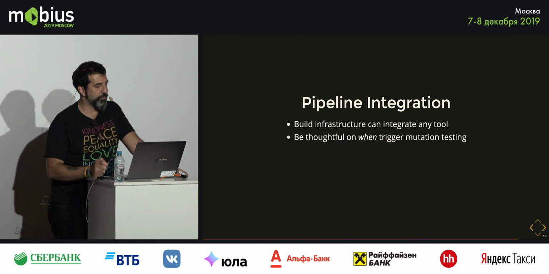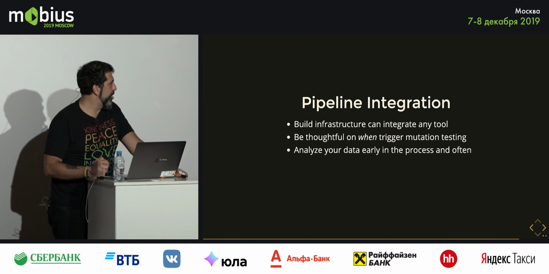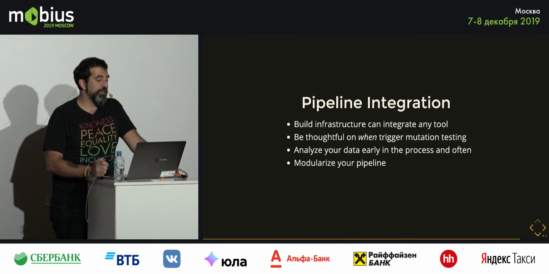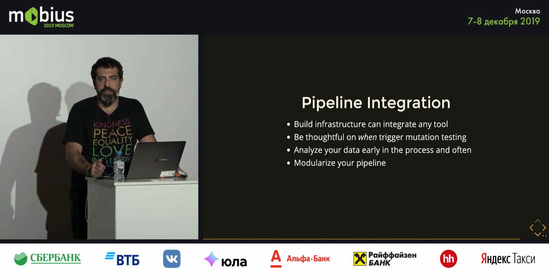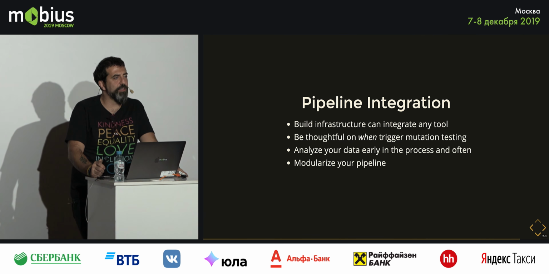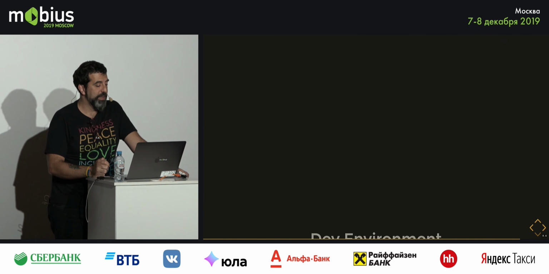It's absolutely up to you and everything is configurable. Analyze your data early in the process and often. Modularize your pipeline. Be sure that you can trigger mutation testing at any time, because otherwise you will risk being in a situation where you are blocked or forced to wait for hours and hours.